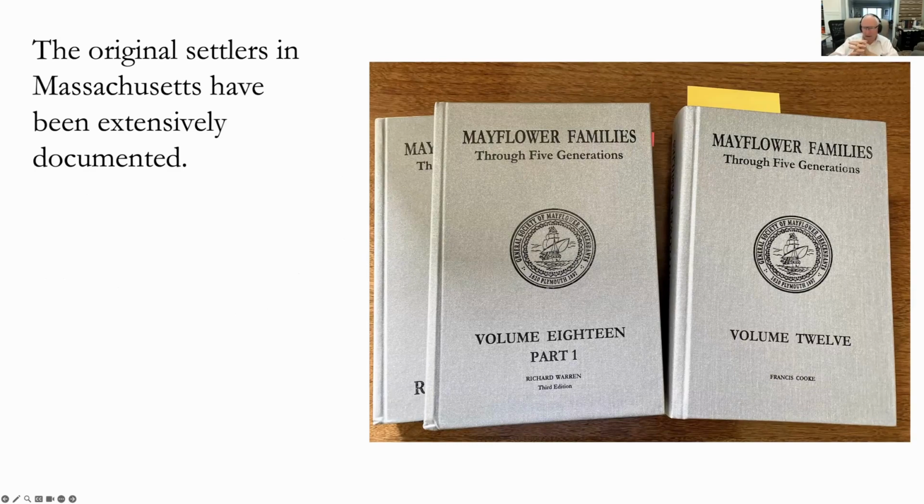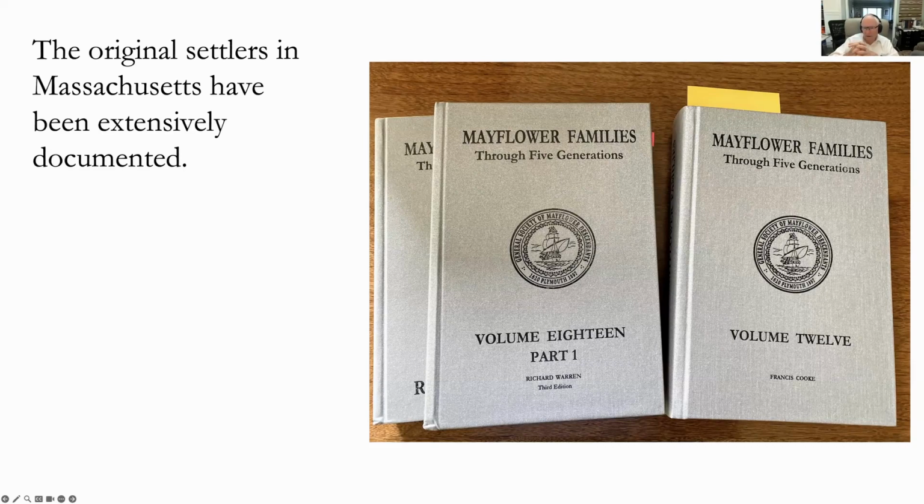And if anybody has any new information, it goes through a tremendously strict examination period before they will acknowledge that perhaps this person's wife was this person's daughter, or whatever. So this is where you would start.